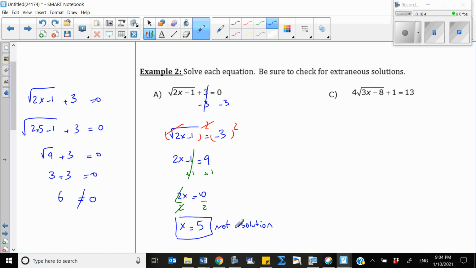That means this is not a solution. So where does this come from? The issue comes from here. At this point, I have the square root of 2x minus 1 equal to negative 3, and that's something which is not possible. We know that a square root cannot be equal to a negative number.